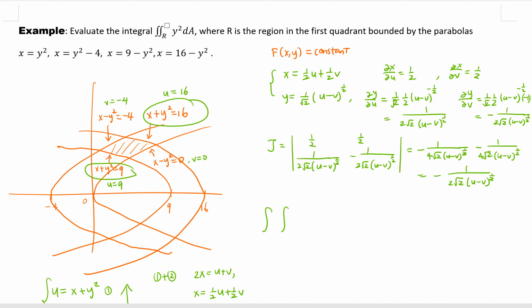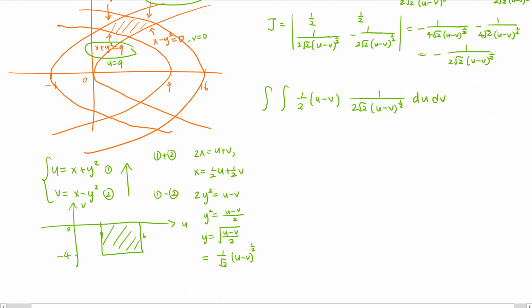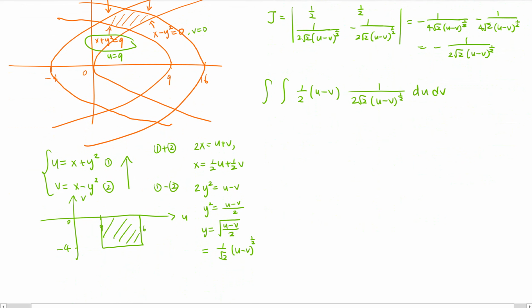Finally, our integral. y squared. What is y again? Oh, this. So it's 1/2, and then u minus v to 1/2 squared. The 1/2 and square cancel. The absolute value of the Jacobian, well, that is 2√2, because the minus is gone, and then we have u minus v to the 1/2 du dv. Because we have a rectangle, the order of du dv or dv du doesn't matter, but the outside is v.